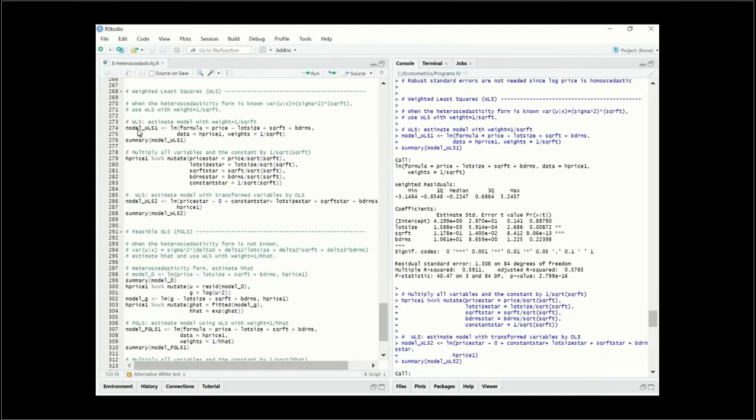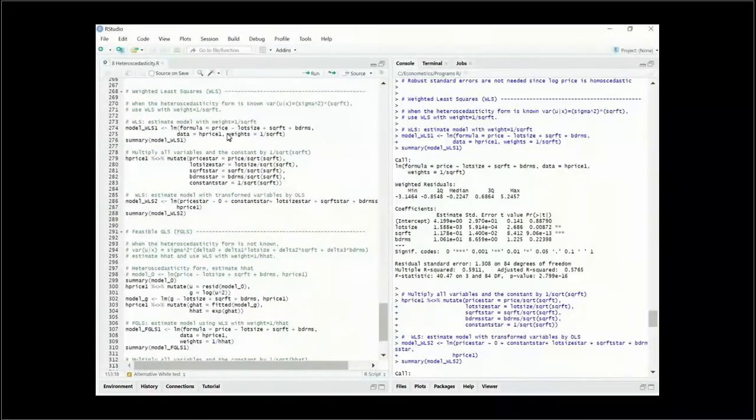So here's the first estimation procedure. We're going to be estimating the model using weights of 1 divided by the square footage. And how we're going to do this is we're going to use a linear model. Here, the formula would be price regressed on these 3 independent variables from this data frame.